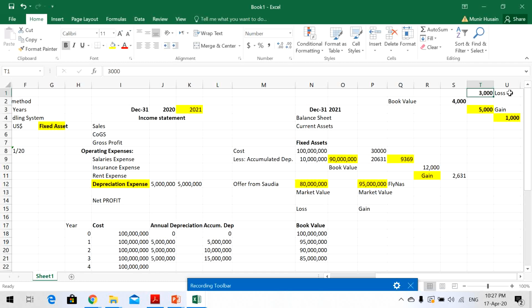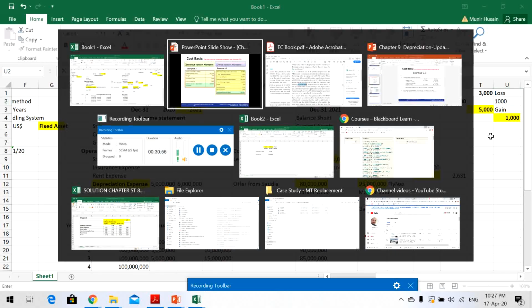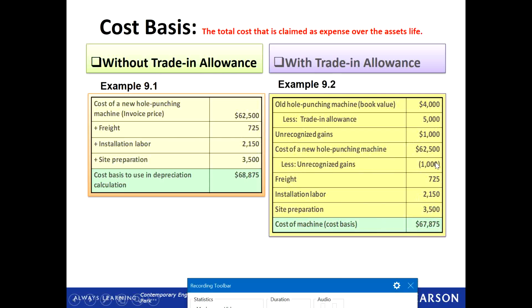In that case, you have a loss of 1,000, 4 minus 3. Then you have to add it, because your cost has increased. You have a loss on the old machine, so you add that to the cost.